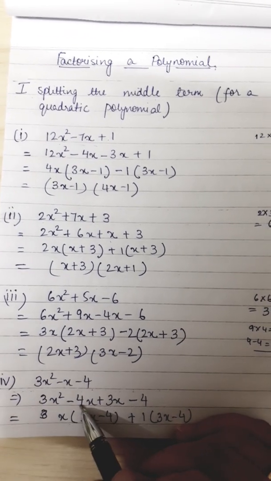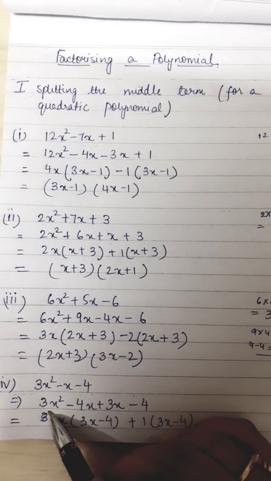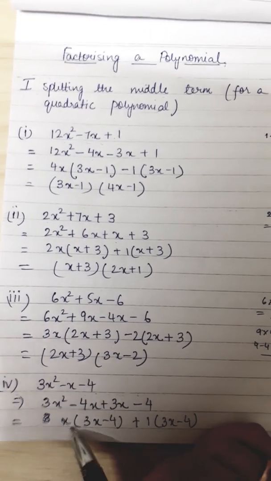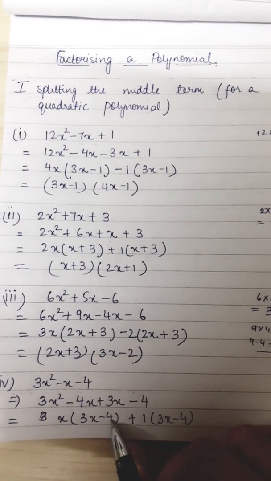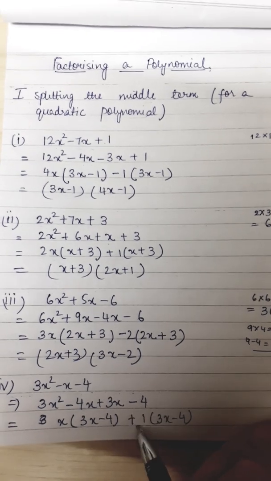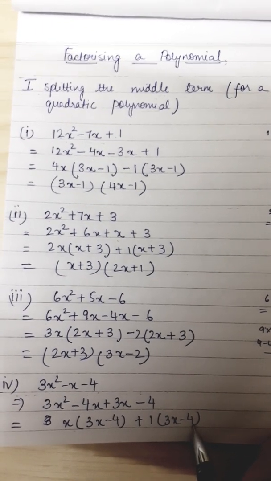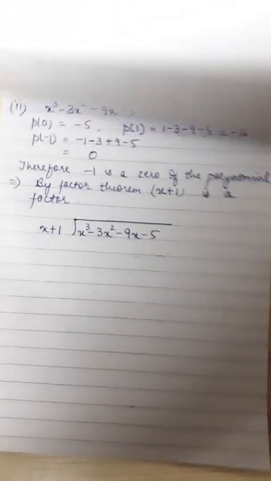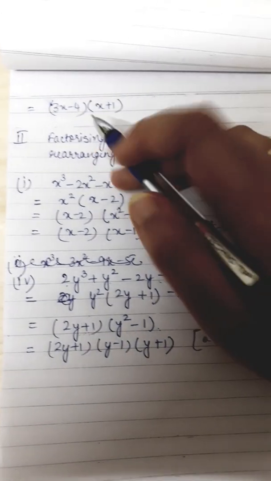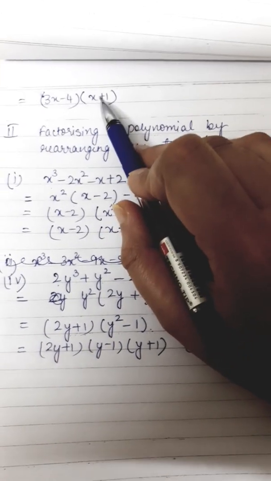From the first two terms I have taken x common, and within the bracket I will get 3x minus 4, and from the last two terms I have taken 1 common, giving 3x minus 4. Then again I can take 3x minus 4 as common, and x plus 1. These are the two factors.